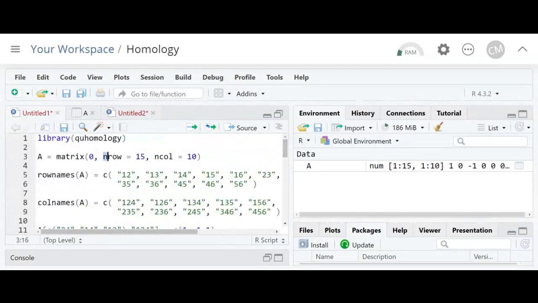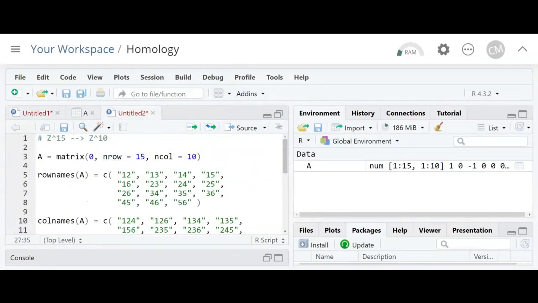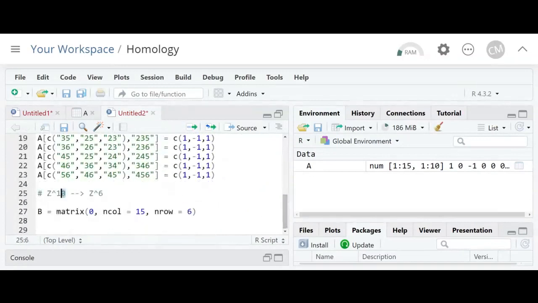I think the number of columns is 15. Yeah, I meant to say from Z10 to C15. Sorry about that. It is written correctly on the slide; I just misspoke up here. And this one will go from Z15 to Z6. Yes, that's the way we had it set up on the board.